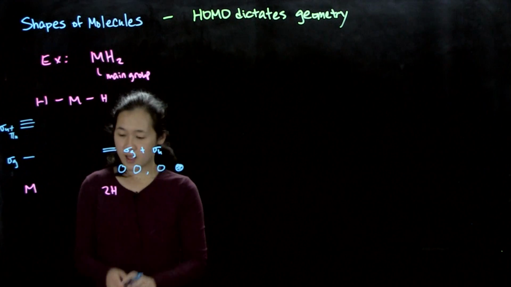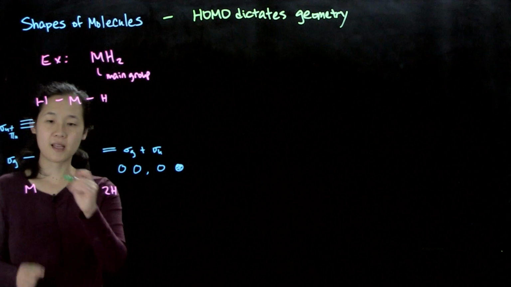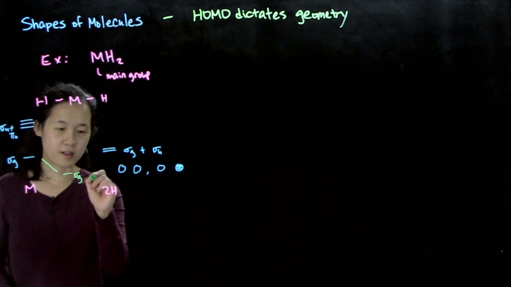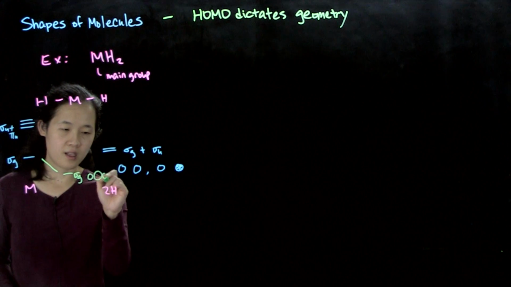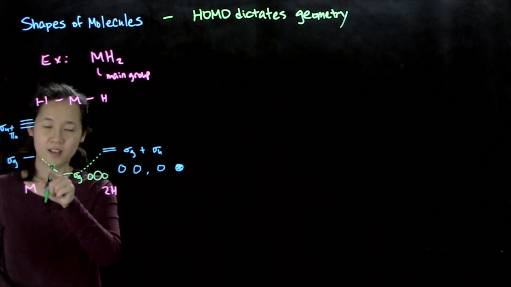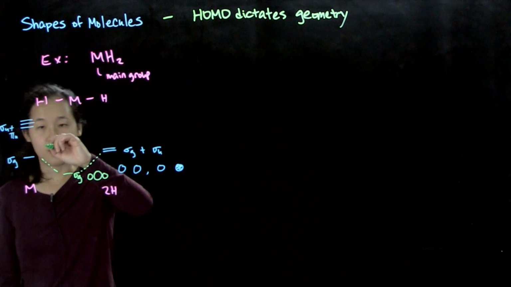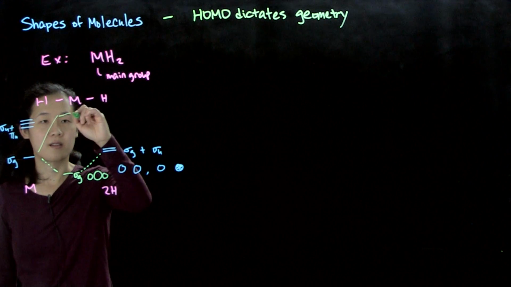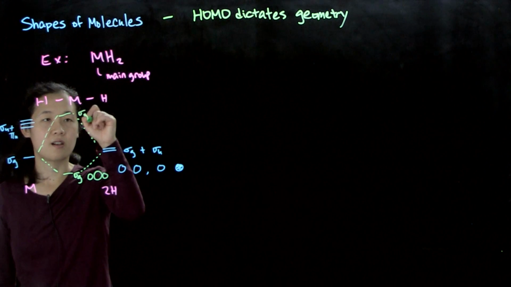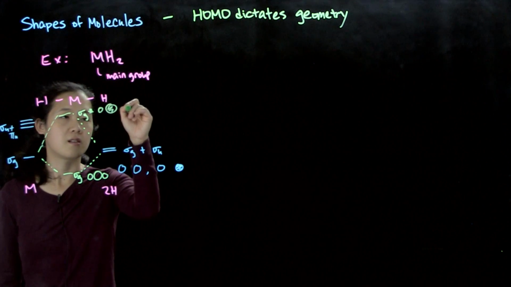So if we then generate our MO diagram, we have sigma g's that match, so we'll form a bonding sigma g. Imagine this is dashed. And then we have our antibonding sigma g star, strongly antibonding. This is our out of phase combination.